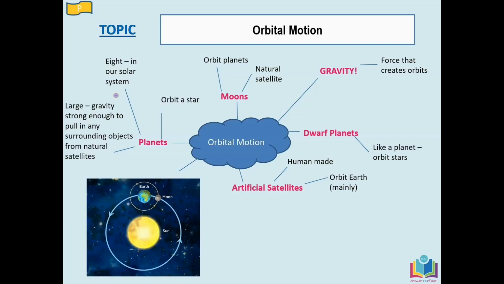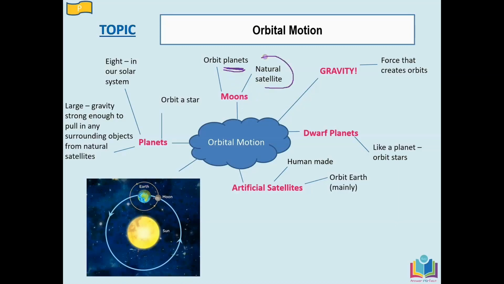There's 8 of those, and it's the gravity that helps to keep that in orbit. Also, if they're large enough, they have gravity big enough and strong enough to pull in anything surrounding it. So that has pulled in the moon. So the Earth has a moon that then orbits around itself. Looking at the moon, it orbits a planet.